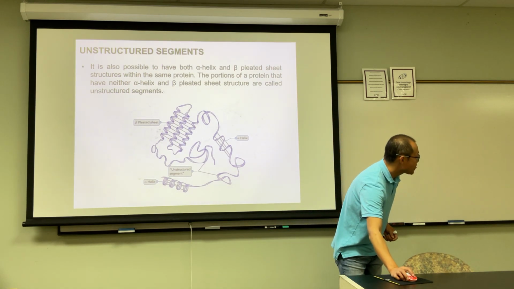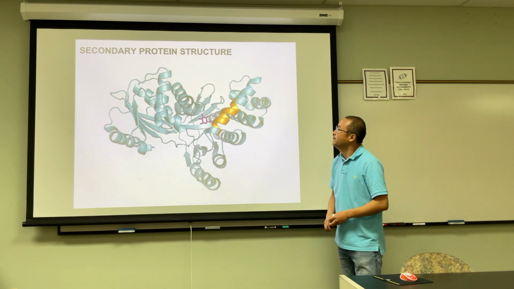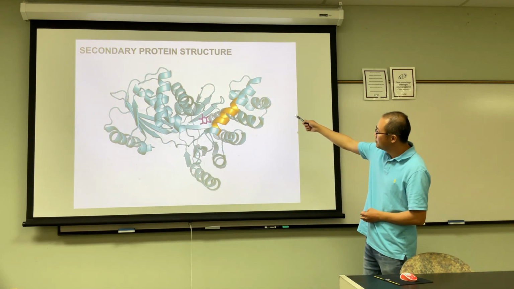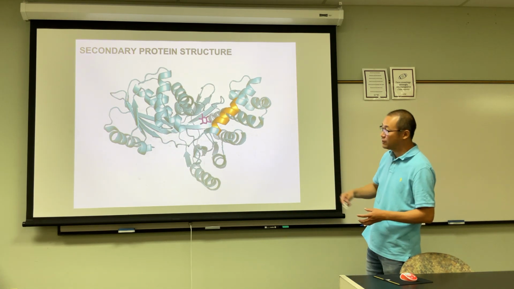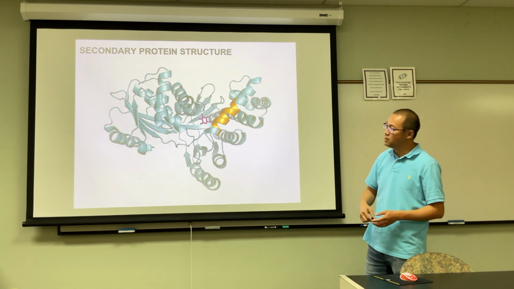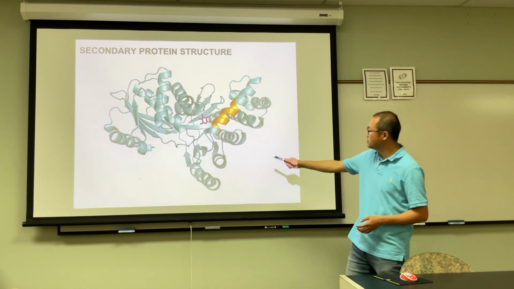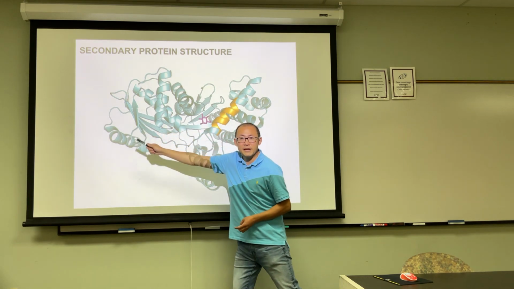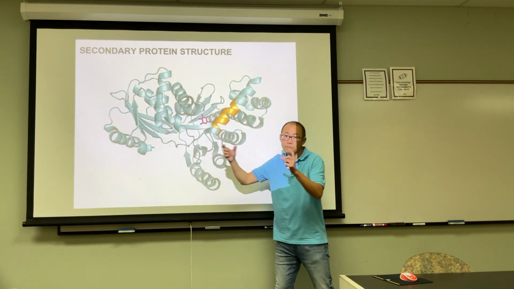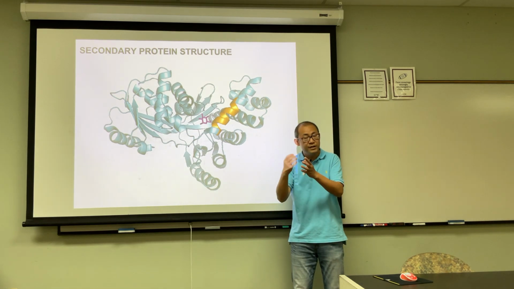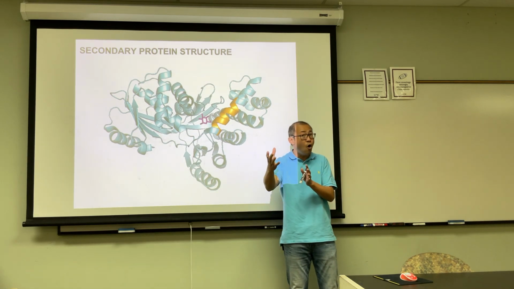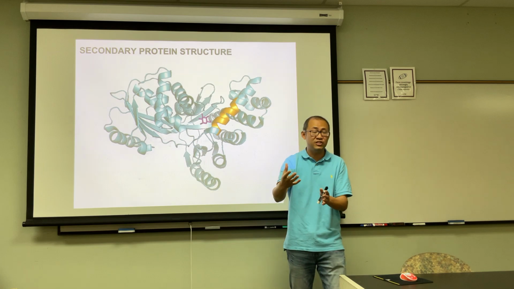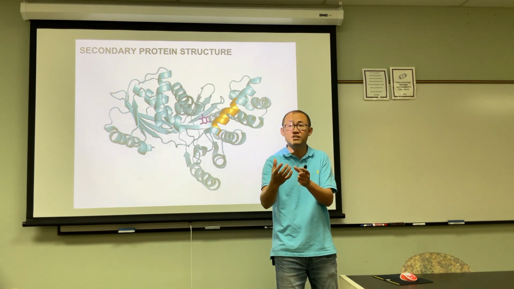Next. This is another picture showing you the secondary structure. This is a real protein. I took it from a protein database. You can see that these are alpha helix, and these are what? Take a look here. Beta sheets, and between them there are some random coils, unstructured segments joining them together. You cannot have all alpha helix or beta sheet, otherwise your protein is going to be too rigid.